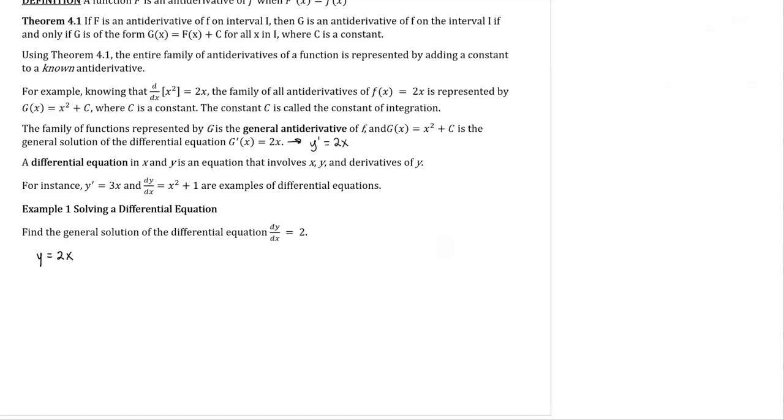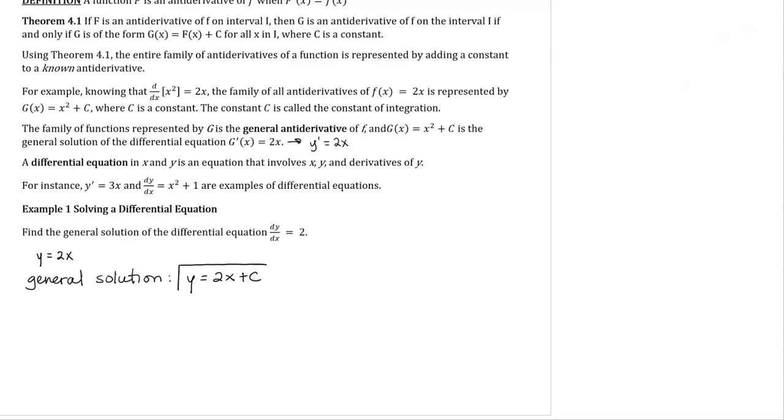We have found one antiderivative. Theorem 4.1 tells us that in general, all of the antiderivatives will have this form: the antiderivative that we found, and we can add any constant c to it. So generally speaking, the general solution to this differential equation would be y is equal to 2x plus c.